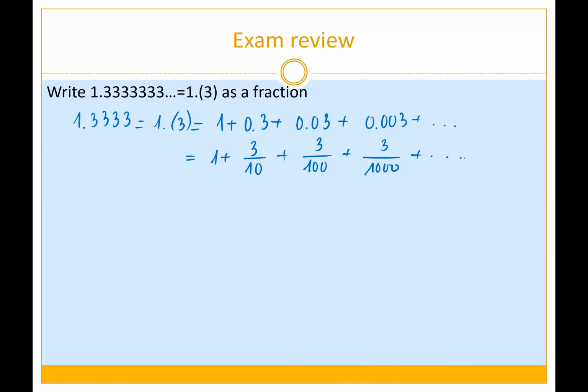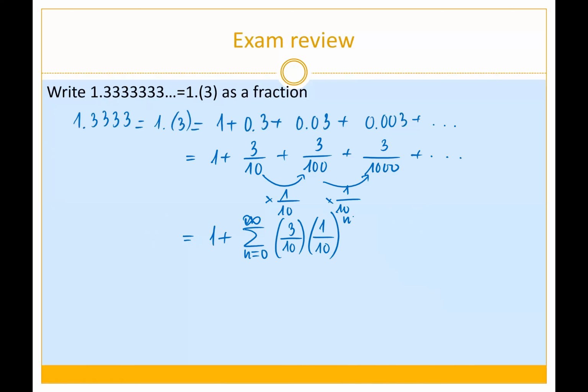As you can see here, except for the first term of 1, every ensuing term is going to be 1/10 away from one another. So it's going to be 1 plus the series from 1 to infinity, or maybe 0 to infinity, of 3/10, and then the next one is 1/10.